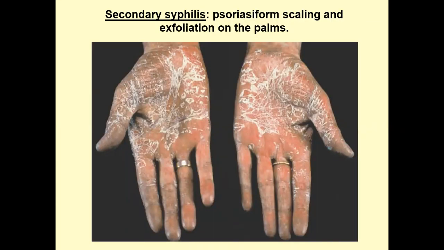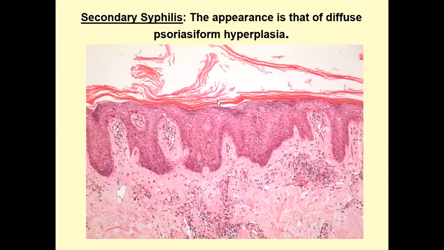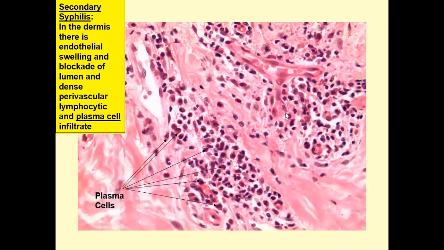I have also discussed secondary syphilis before in my talk on secondary syphilis. It is clinically characterized by psoriasiform lesions, and since it is clinically psoriasis, histologically the epidermis is also psoriasiform, but there will be no parakeratosis. And in the deep dermis, there will be perivascular lymphocytic and plasmacytic infiltrate, along with swelling of endothelial cells and blockade of the lumen of the blood vessel.